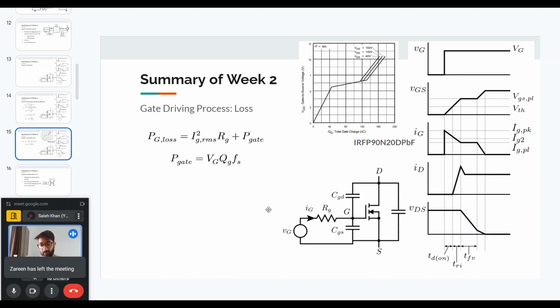Basically, it is based on the on time and off time, and these will also change based on what the current is, voltage is, temperature is. All these things will affect the times. So you give some extra dead time to account for these things.